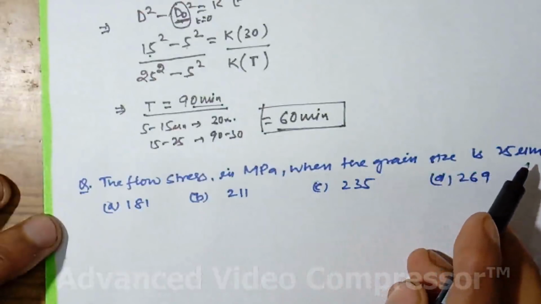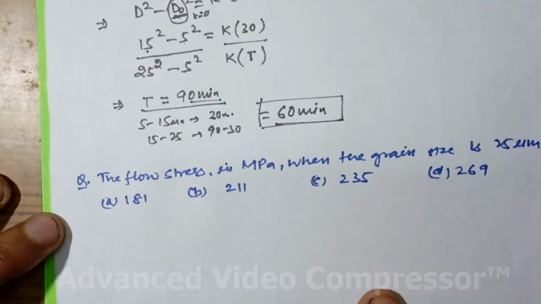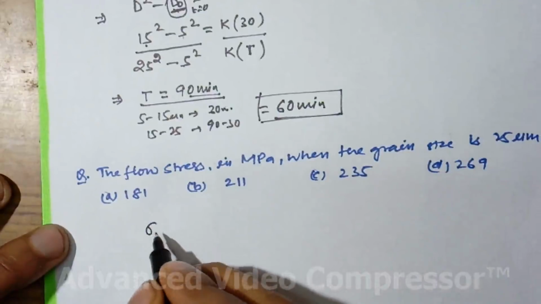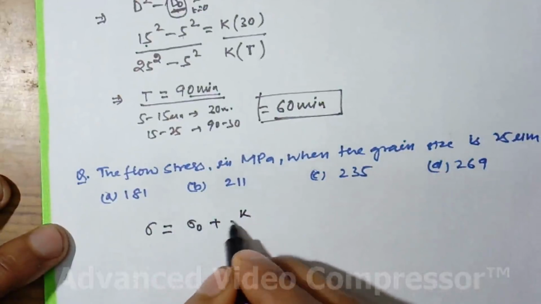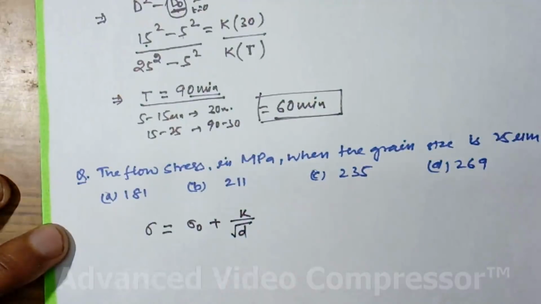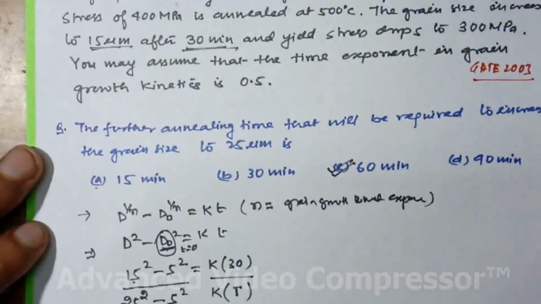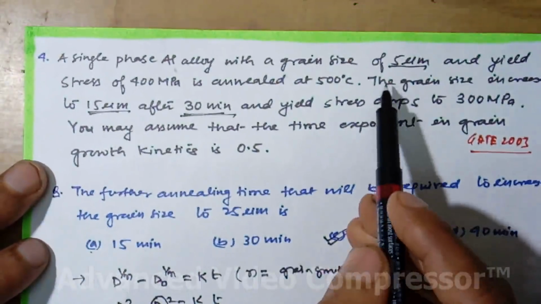So this is a problem on Hall-Petch relation. So sigma equal to sigma naught plus k by root under d. So we'll put the values simply. When d is 5 micrometer, then sigma is equal to 400. You can see 5 micrometer has yield strength of 400.